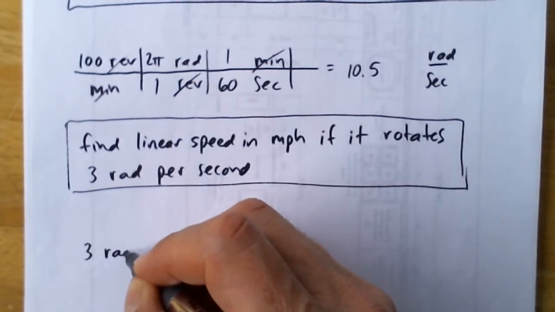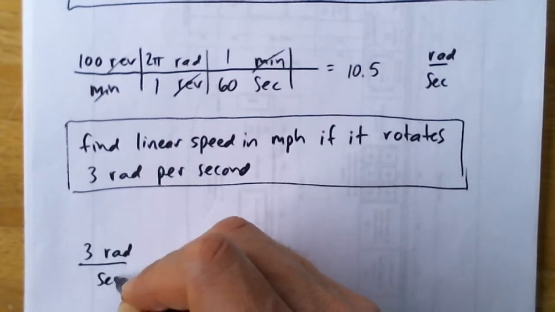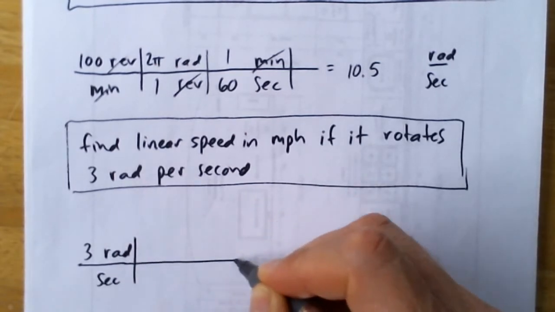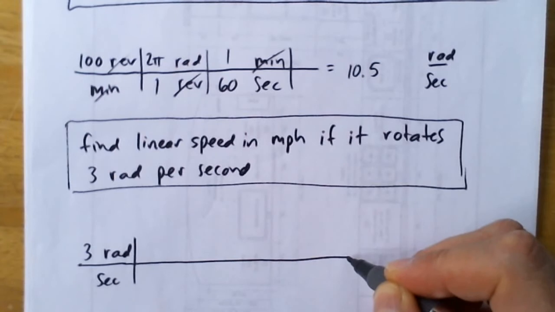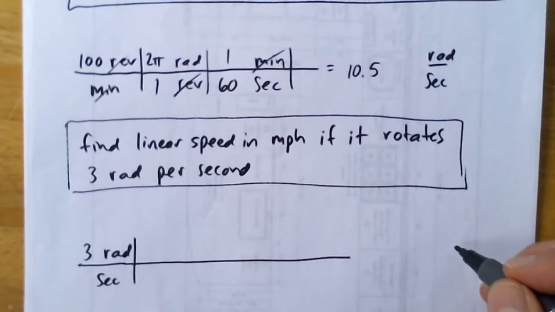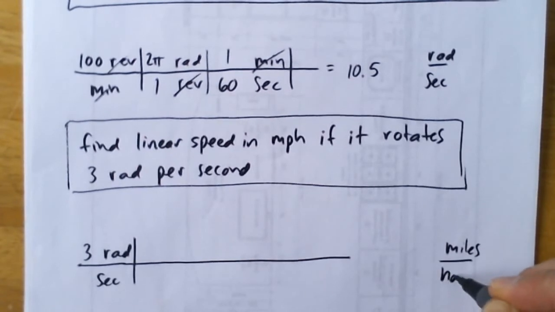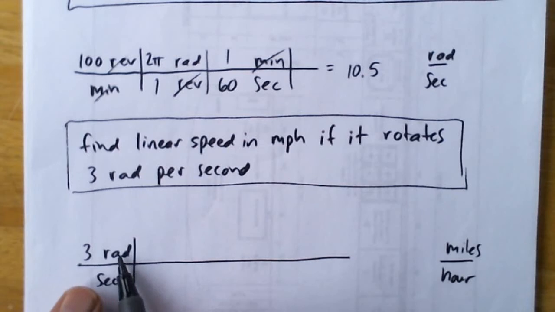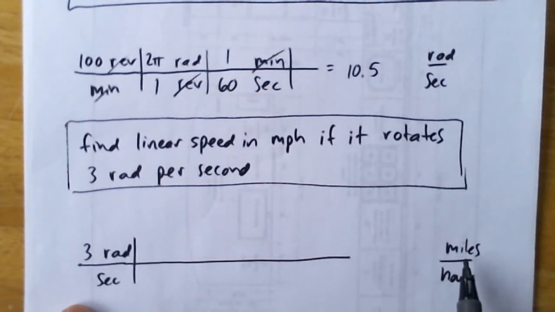3 radians per second. We don't know how much we have to convert. So over here we know we want miles per hour. We need to convert radians, which is rotational, into miles, which is linear.